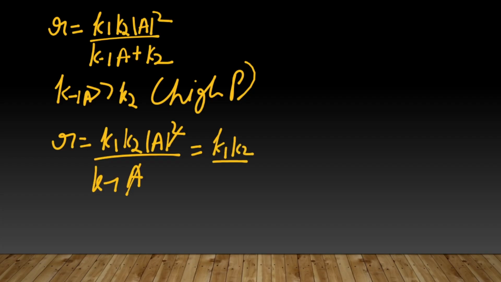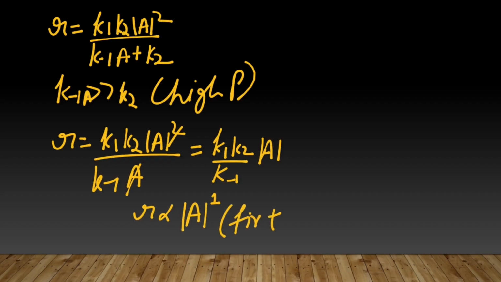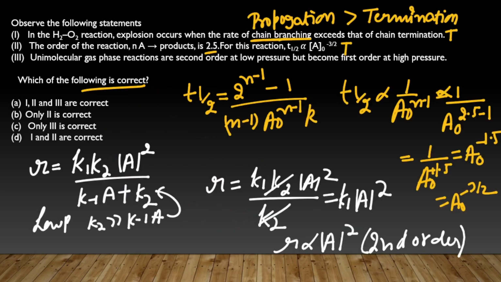It will become K1 K2 upon K inverse into A. So you can see rate is proportional to A's concentration raised to the power 1, which means it is following first order kinetics. Right? So this statement is also the true one. Okay. So all these statements 1, 2 and 3 are correct. That is option A.